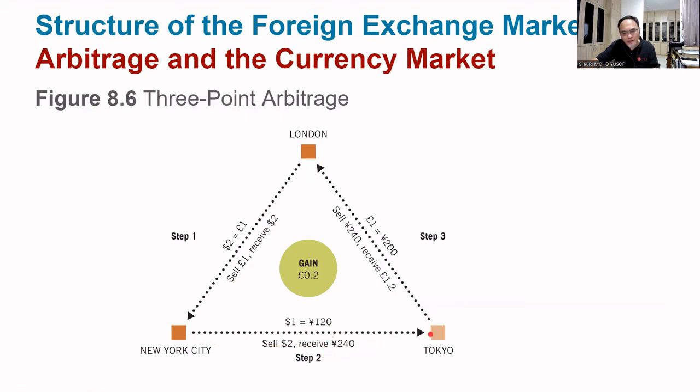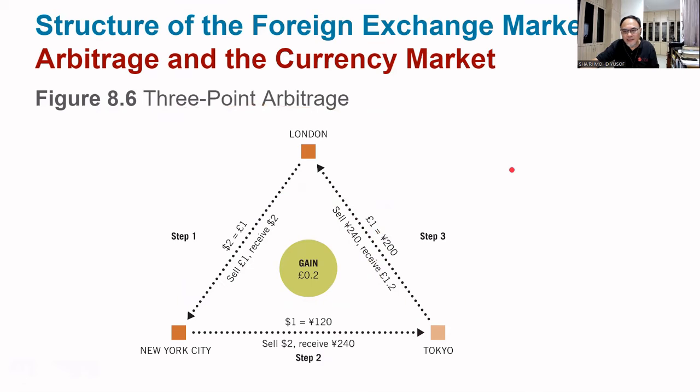Then in the Tokyo market you sell 240 yen, and you get 1.2 pounds. So immediately you gain 0.2 pounds from this 3-point arbitrage.